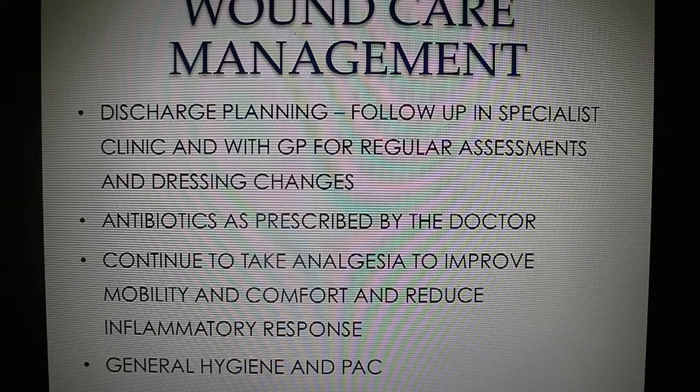And whilst he was back in the community, we had a wound plan for the patient that we discharged him with, and informed them that they would need to see their GP regularly, either every day or every second day, depending on the drainage of the wound for those dressing changes, and recommended that the family take photos so that we could see how the wound was being managed in the community when the patient was to return to clinic in the hospital.